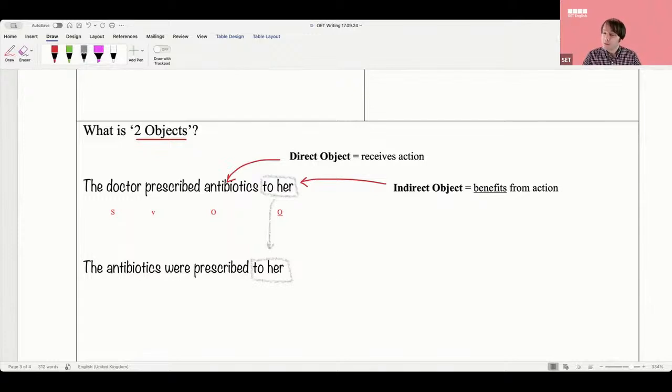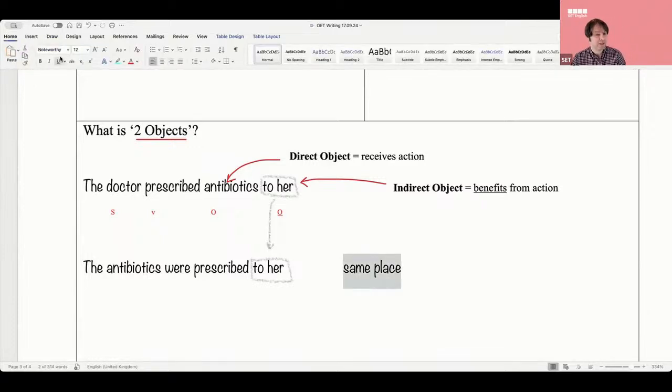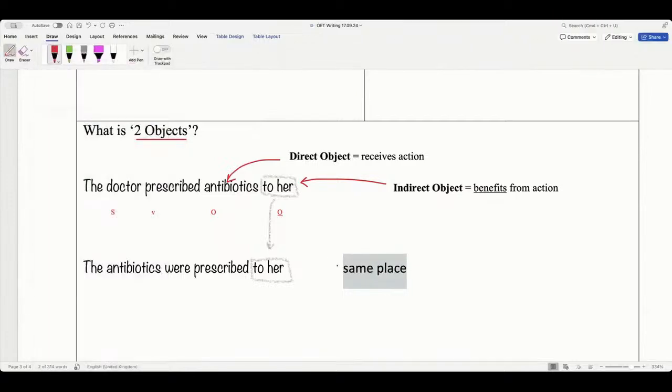Okay, now, can I start with the indirect object? Is it possible to start with she? Can I do it? What do you think? Yes.